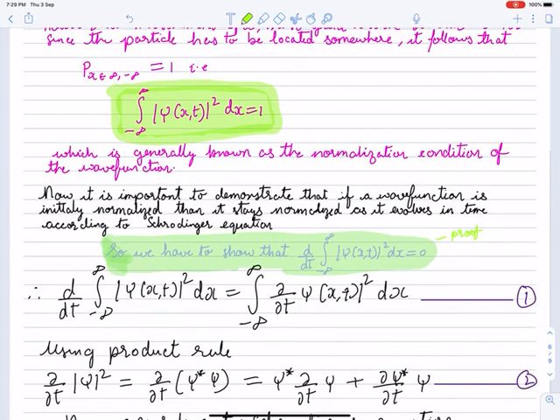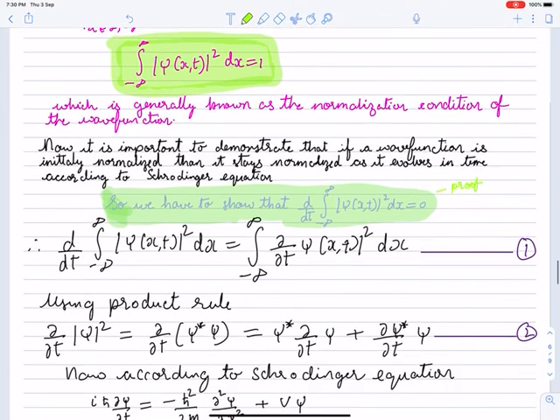d/dt of the integral from minus infinity to infinity of |psi(x,t)|^2 dx is equal to 0.